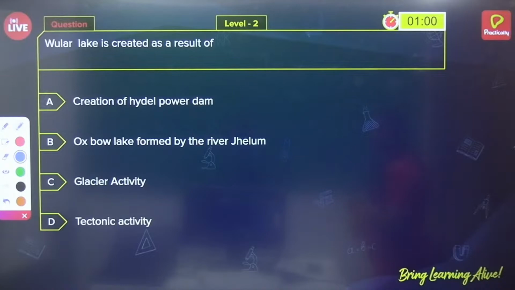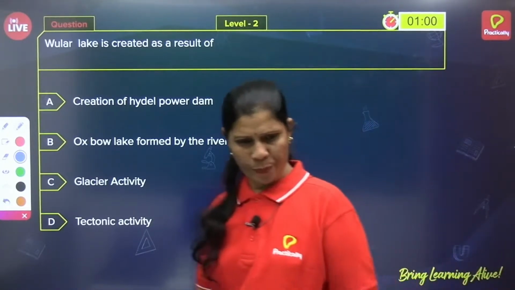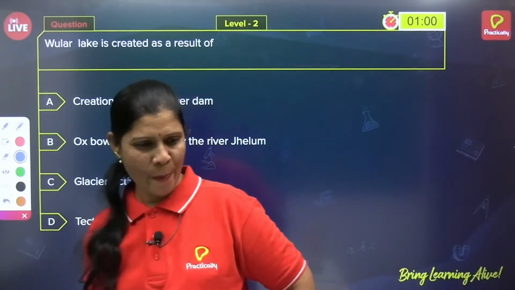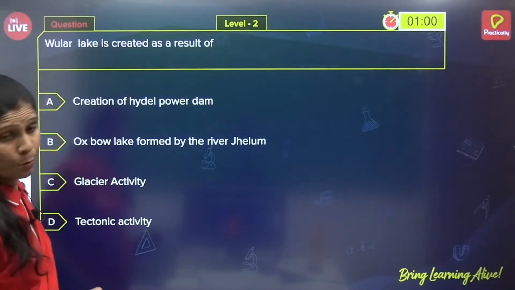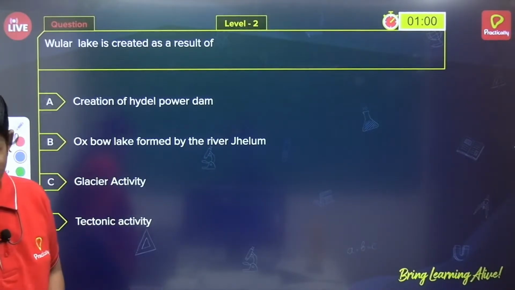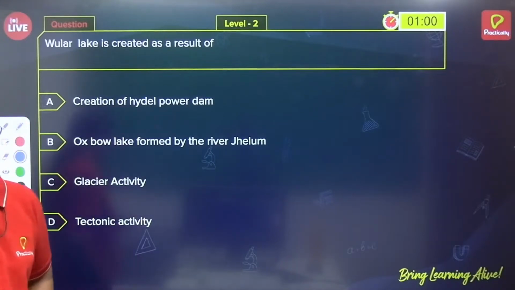Can I know where Wular Lake is formed? Wular Lake is in Jammu and Kashmir. It's one of the most important lakes in India, a freshwater lake and the largest lake even.